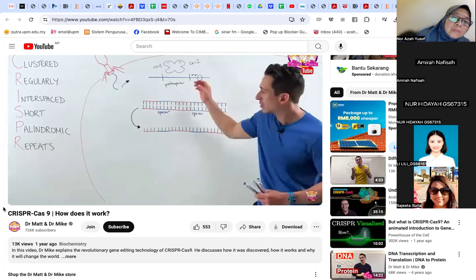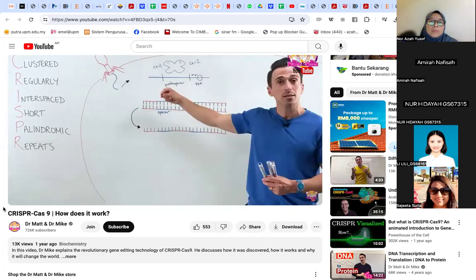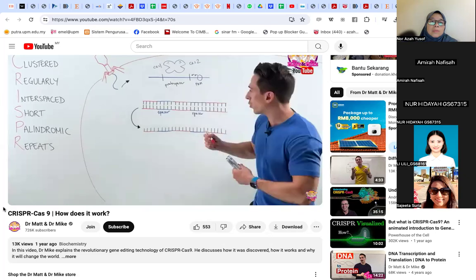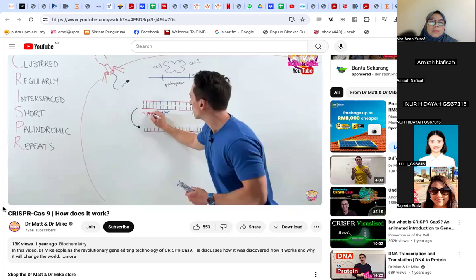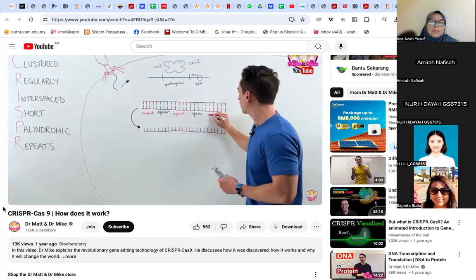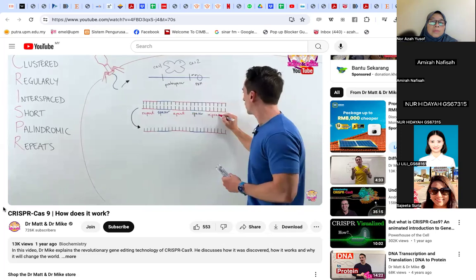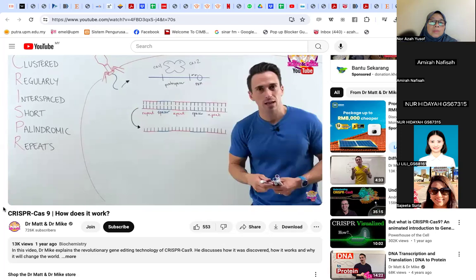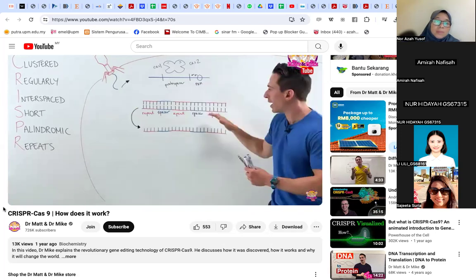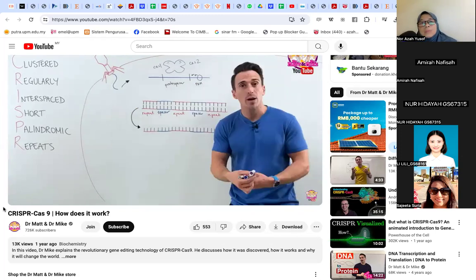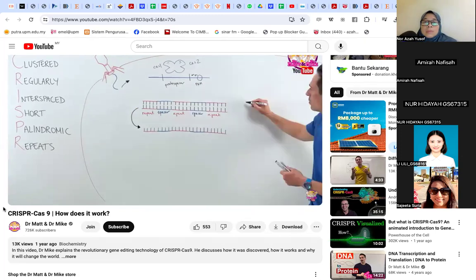When a spacer is placed in, a clustered palindromic repeat is placed afterwards. So I'm going to call these repeats. Repeat and repeat. What we call this entire collection of DNA where we've got various repeats and various spacers, we call this a CRISPR array. So this whole thing here is a CRISPR array.